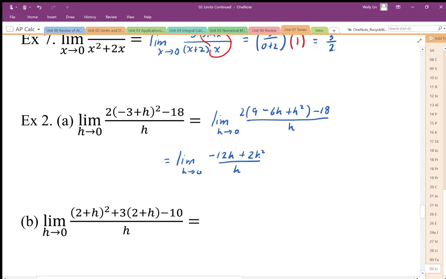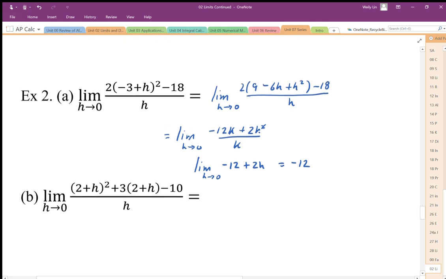These h's cancel out, so I'm no longer dividing by 0. So I'll write one more step: the limit as h goes to 0 of negative 12 plus 2 times h. Now I can substitute in because I don't have a divide by 0. This is going to end up being negative 12 plus 0.